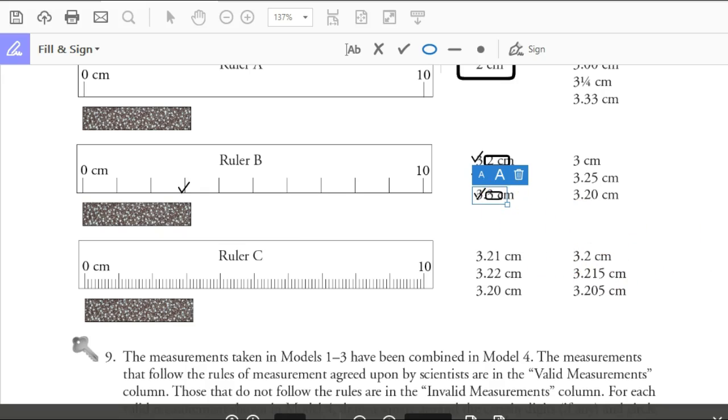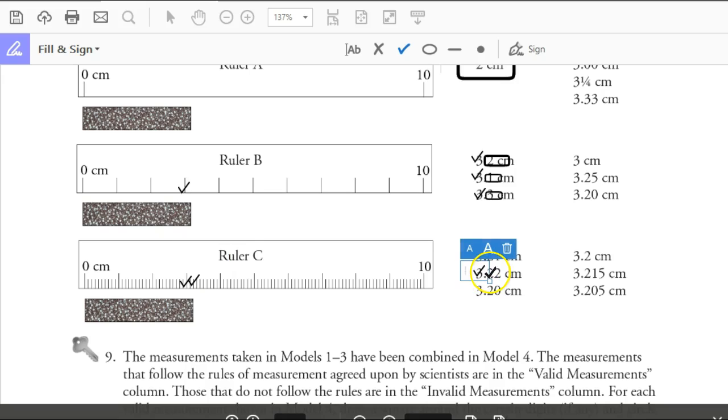For this ruler, 3.21, 3.22, and 3.20, this ruler does have tenths markings. So this 3 is marked here, so that's valid. And this 2 is also marked here. But we can't tell the hundredths place because there's no marking for the hundredths place.